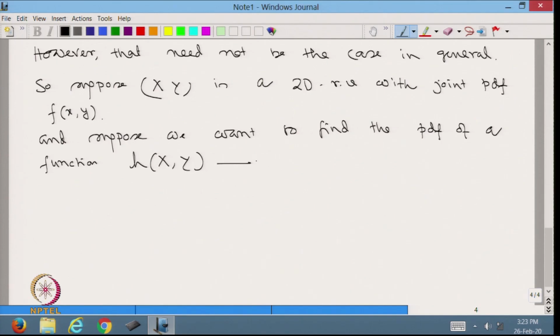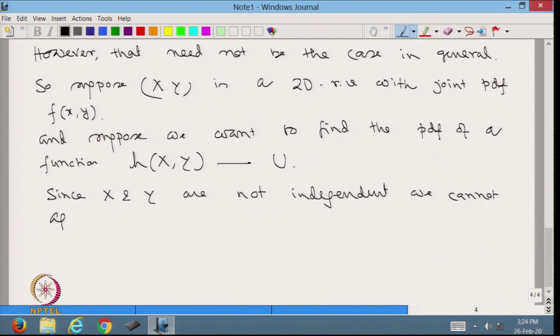So, let us call it u. Since x and y are not independent, we cannot apply MGF directly. So, we proceed in the following way.